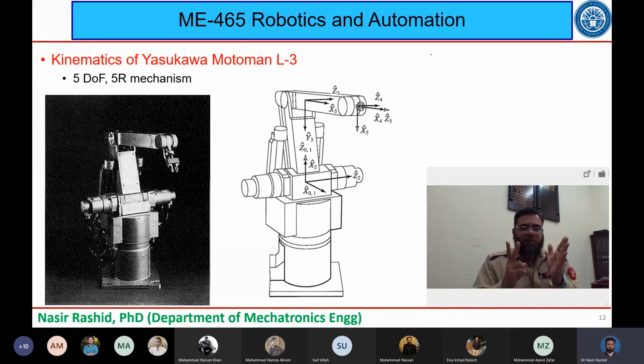So we can solve it by 2 methods. One is with the actuator space and joint space, and then we transfer it into Cartesian space.